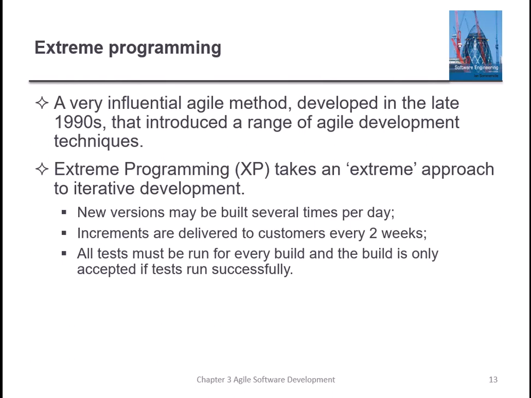So the increments, or we can say the requirements, should be mapped to different versions or increments in such a way that it takes hardly 2 weeks. All the tests must be run for every build, and the build is only accepted if the tests run successfully.